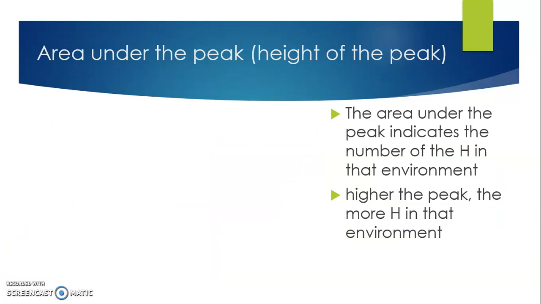Area under the peak. Sometimes when the peak is really narrow, it looks a lot more like the height of the peak, but it's actually a small area under the peak. So the area indicates the number of hydrogens in that particular environment. As you can probably guess, the higher the peak, the more hydrogens in that environment.